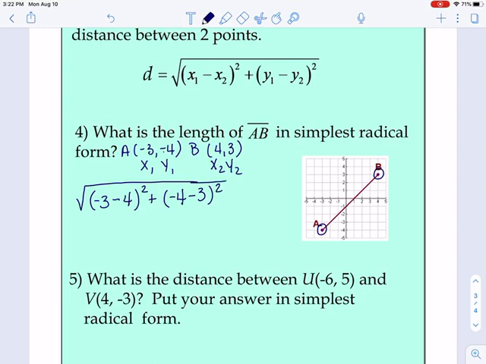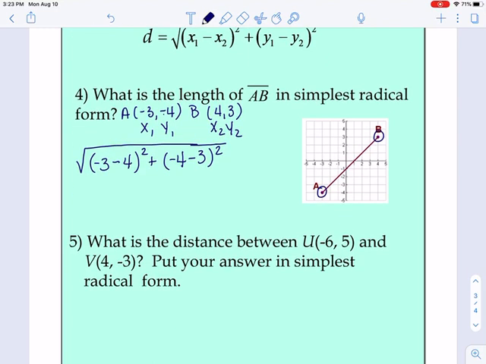So now we need to simplify everything that's underneath that square root symbol before we can start talking about simplifying that square root. We have to follow order of operations. So we're going to do what's inside the parentheses first. Negative 3 minus 4 is going to be negative 7, so you're going to have negative 7 squared.